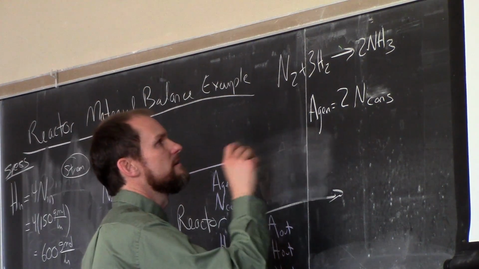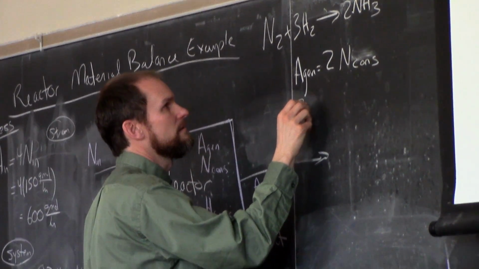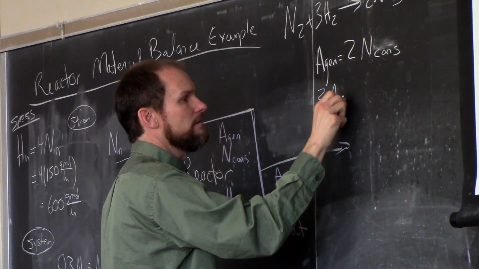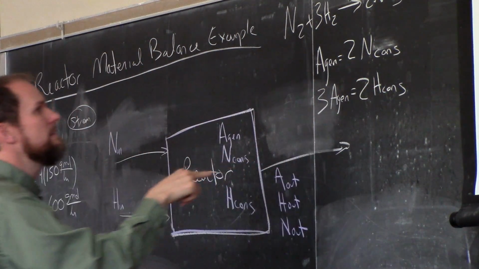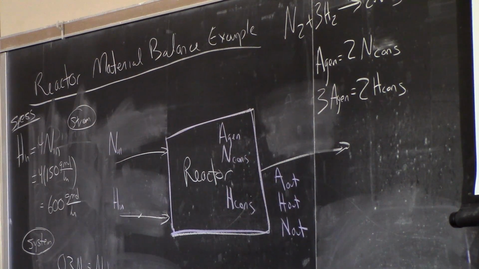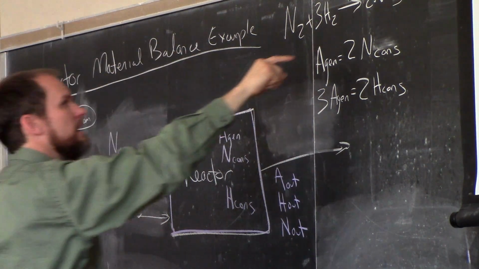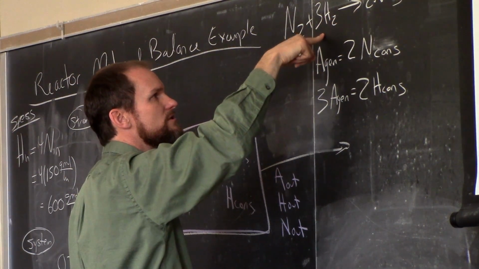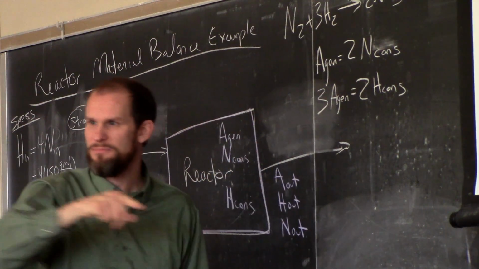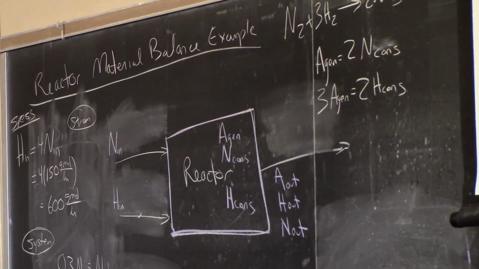And then 3 A gen equals 2 times H consumed. 3 times the ammonia generated is 2 times H consumed, because I have 3 times this, got 2 of those, is 2 times that, because I've got 3 of those. Do people agree with that? Any more equations?